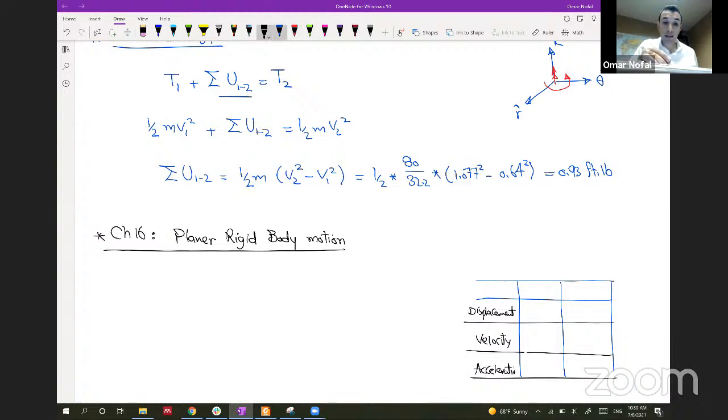And we did this in linear and angular format, or we sometimes say angular or rotational.